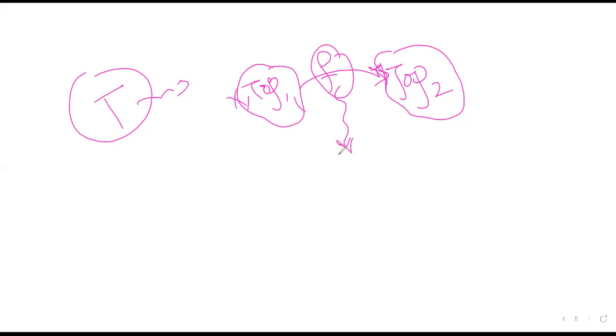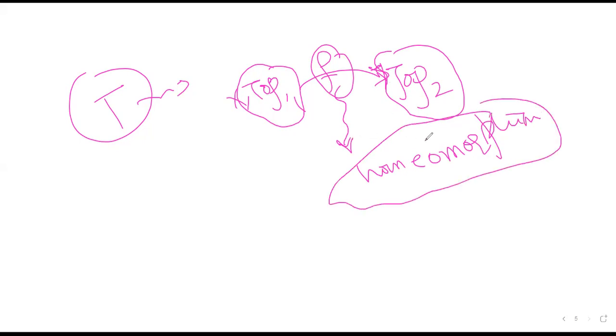So here isomorphisms are homeomorphisms. And what is the definition of homeomorphism? The definition of homeomorphism we can see in the lectures of topological spaces, topology.